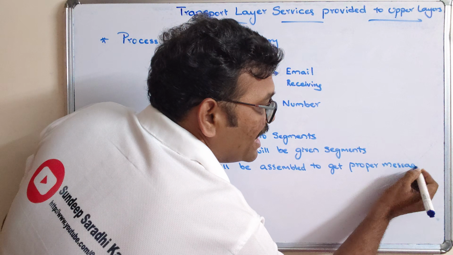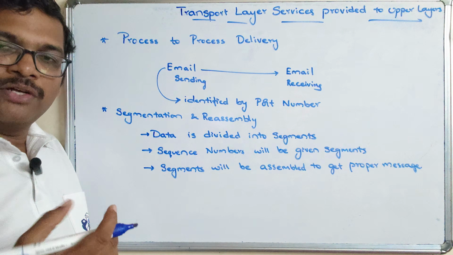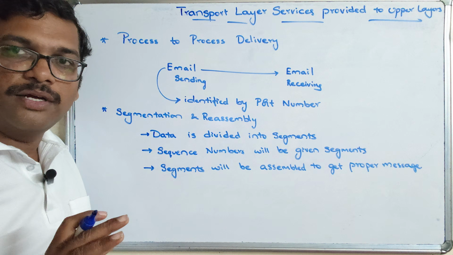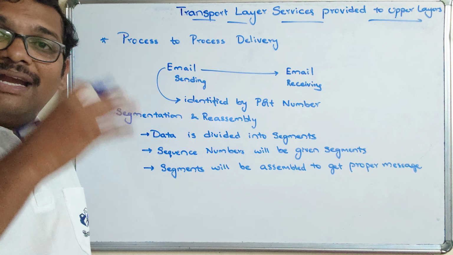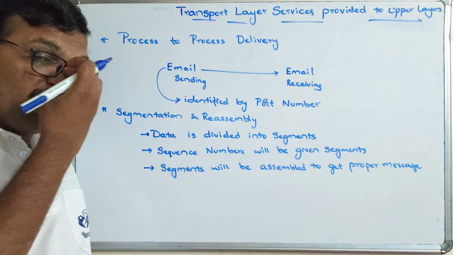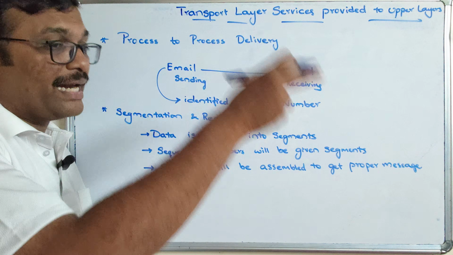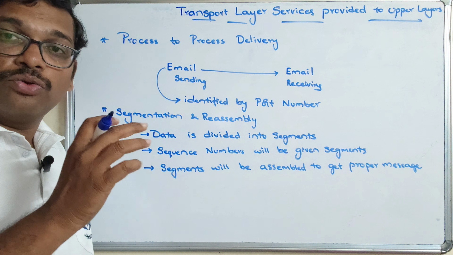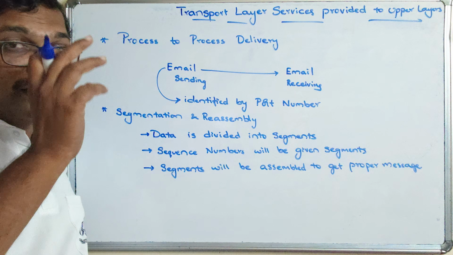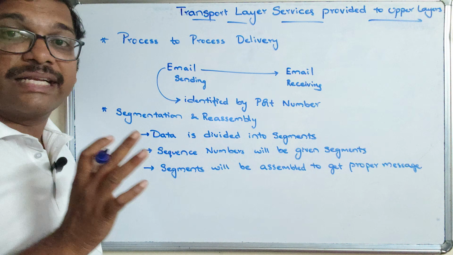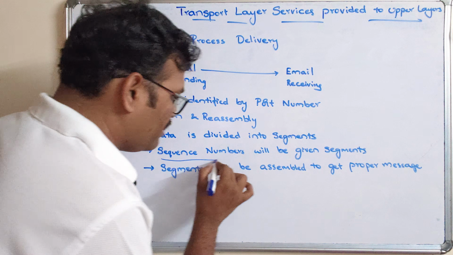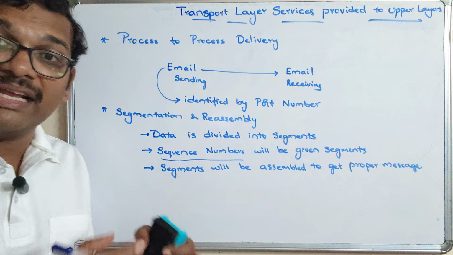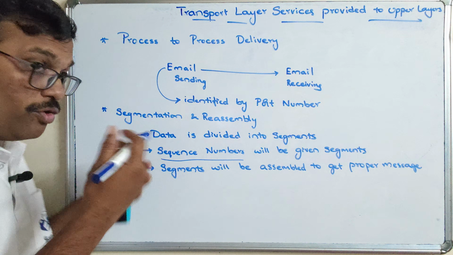We are sending the data to the receiver, so the data should not be lost. If we are dividing the data into segments at the sender side, obviously at the receiver side all the segments should be reassembled so that the same data appears at the receiver side. So that will happen, and here the major role is played by sequence numbers in order to reassemble the segments. So we need to order it.